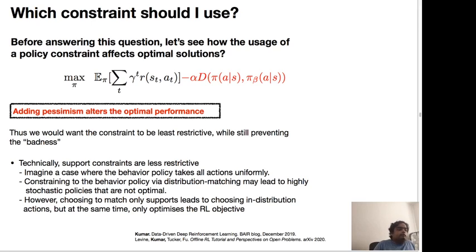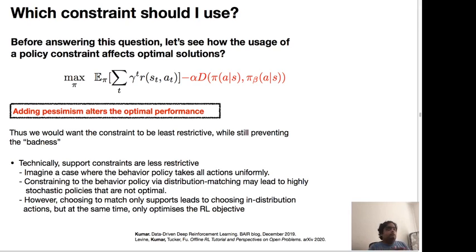Now, when you constrain the learned policy to the behavior policy by distribution matching, meaning that you want the density function of the learned policy pi to be close to the density function of pi beta, which is the uniform distribution, what you're really doing is you're saying that the learned policy pi should be highly stochastic.